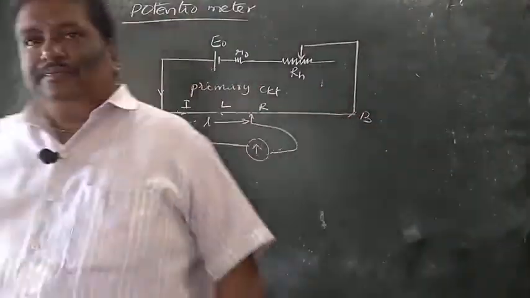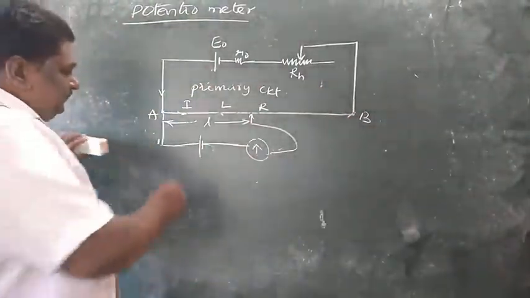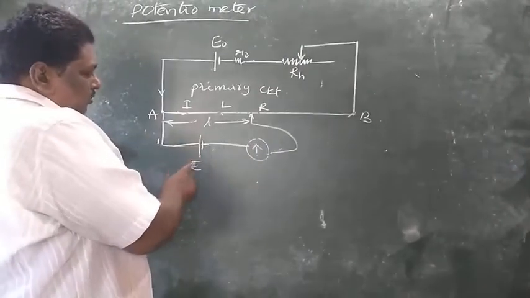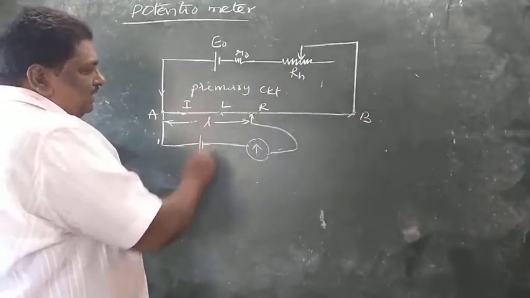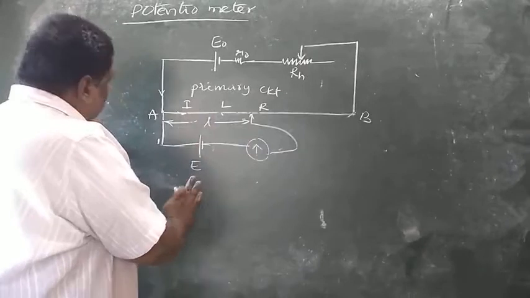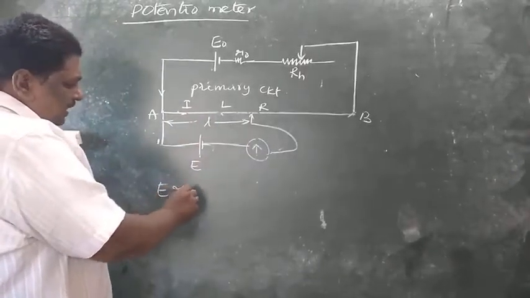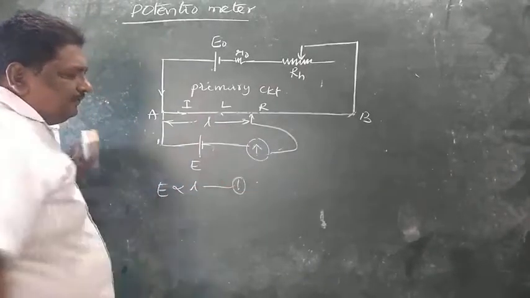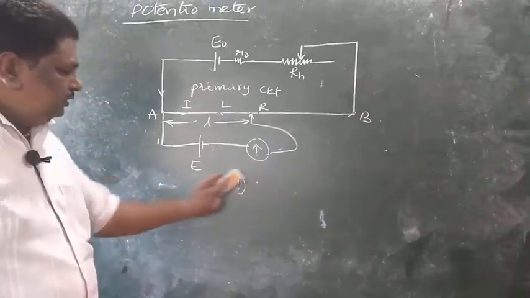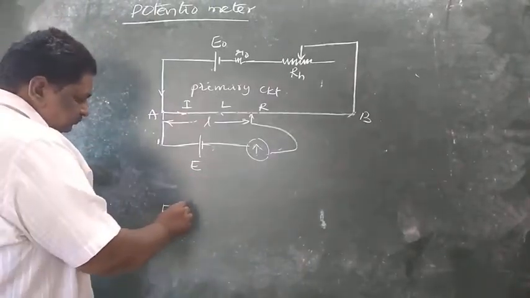First of all, E is the cell. Now the experiment is conducted and the balance length is found. E is proportional to the balance length. Call it equation 1: E is proportional to L.